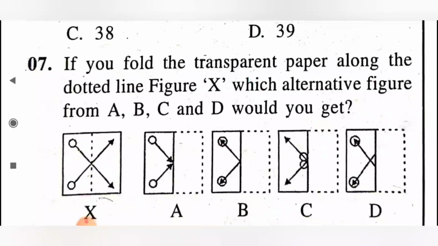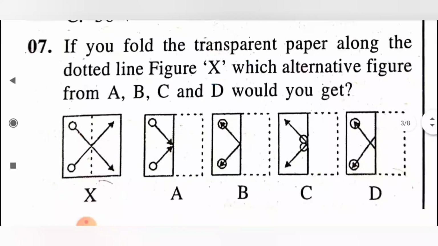107. If you fold the transparent paper along the dotted line figure X, which alternative figure from A, B, C and D would you get? See, we are going to fold figure X along the dotted line. And which of the following options you would get?